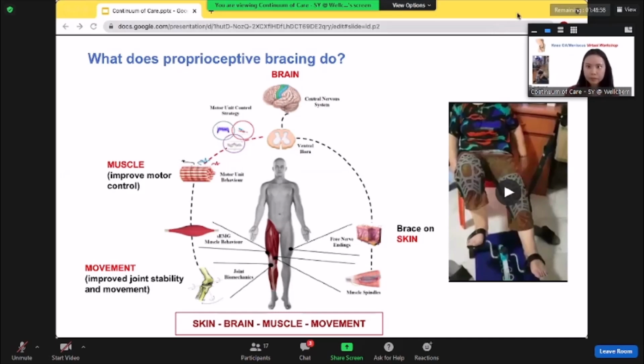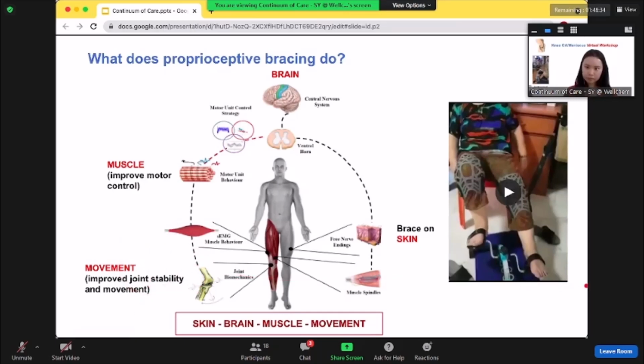But when a patient applies a proprioceptive knee brace, such as the OA reaction, onto their skin, this point of contact on the skin acts as a proprioceptive feedback to the brain. And with this constant reminder, this improves motor control and results in improved joint stability and better quality of movement.